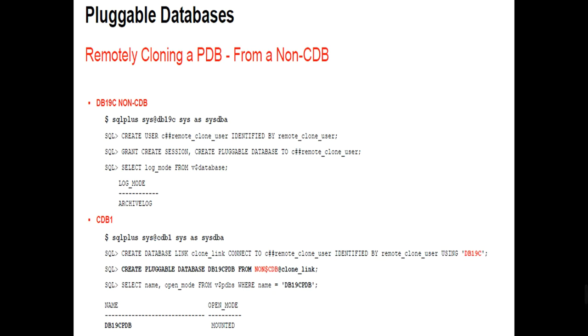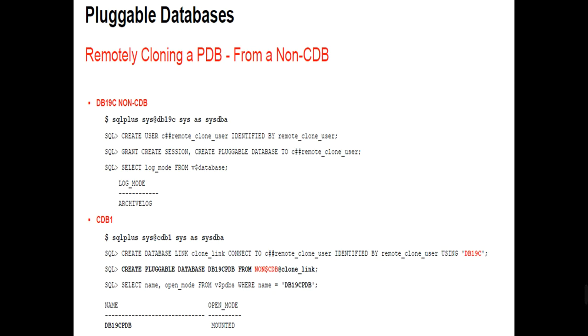Coming to the container database on the target side, SQL Plus logs into the container database and creates the database link over that 19C non-CDB service, and creates the pluggable database from the non-CDB through that database link.